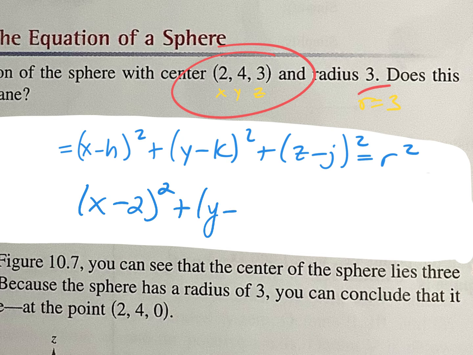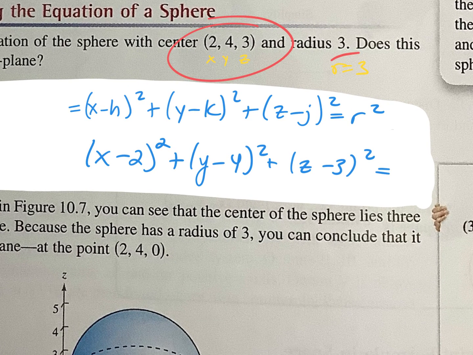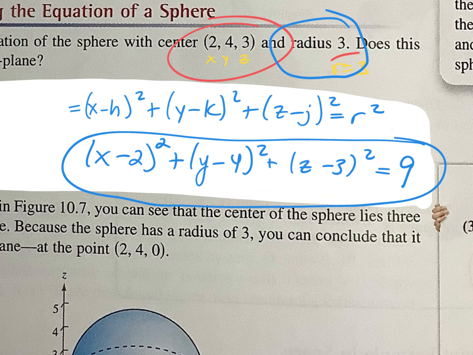Plus y minus 4 squared, then what? Plus z minus 3 squared equals what? What's your radius? What does it tell you right there? The radius is, guys. Come on. Radius is 3, so 3 squared is 9. There's the equation of your sphere.